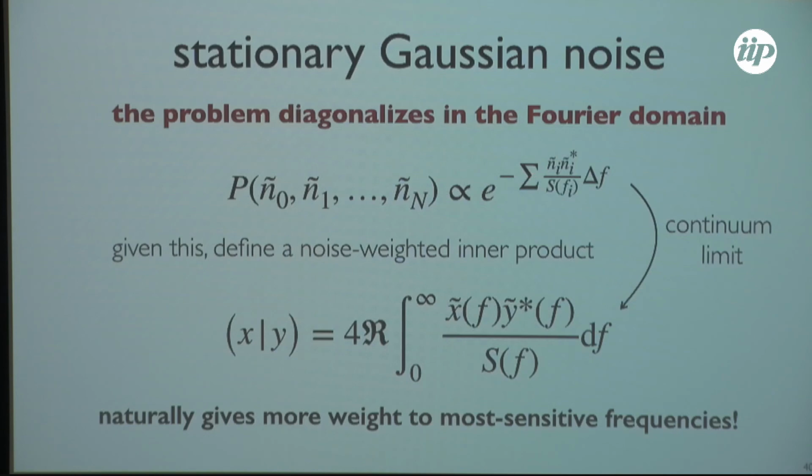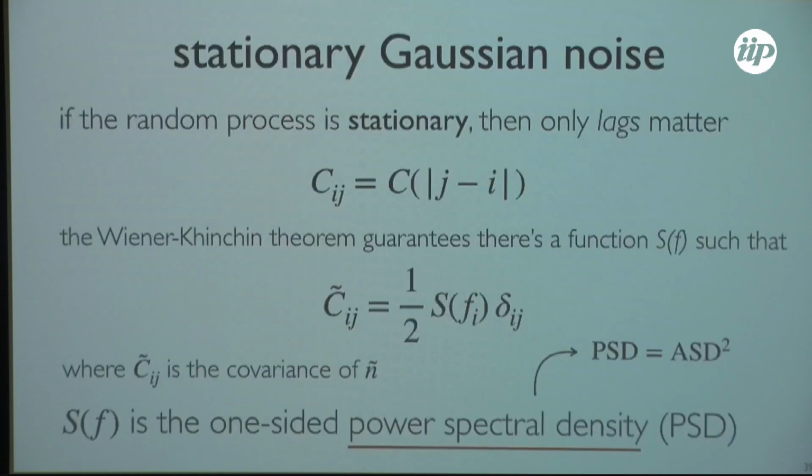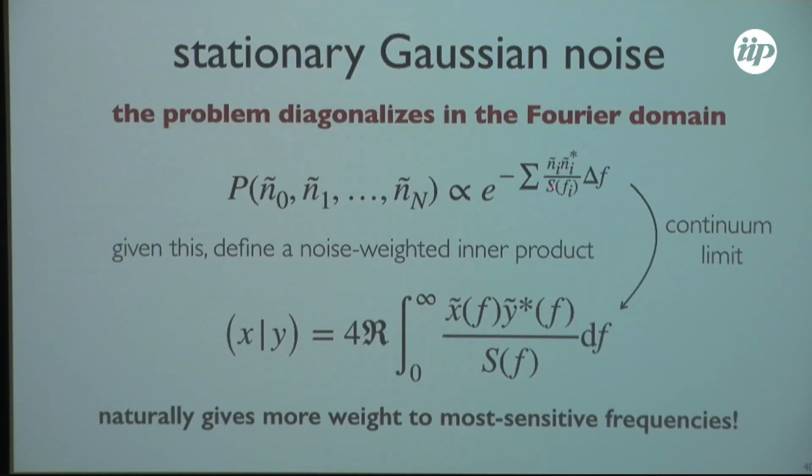It's the same form as before, except C_ij is diagonal, so you only have to worry about the norm of the complex amplitude divided by the PSD, which is just to get the units right, and you sum over the whole data. You can look at this and say, well, this looks like a dot product between the two noise vectors, except I have this weight by the PSD.